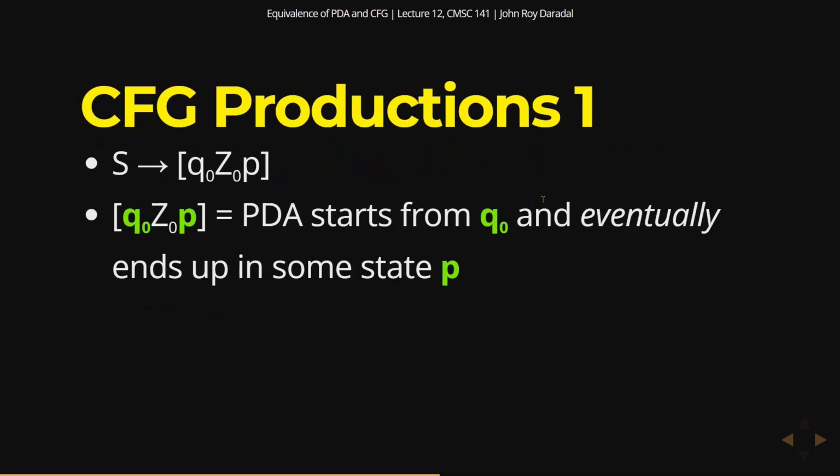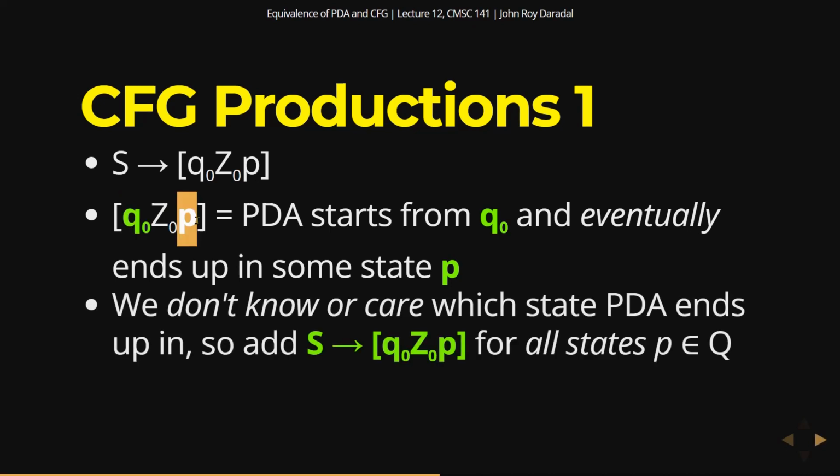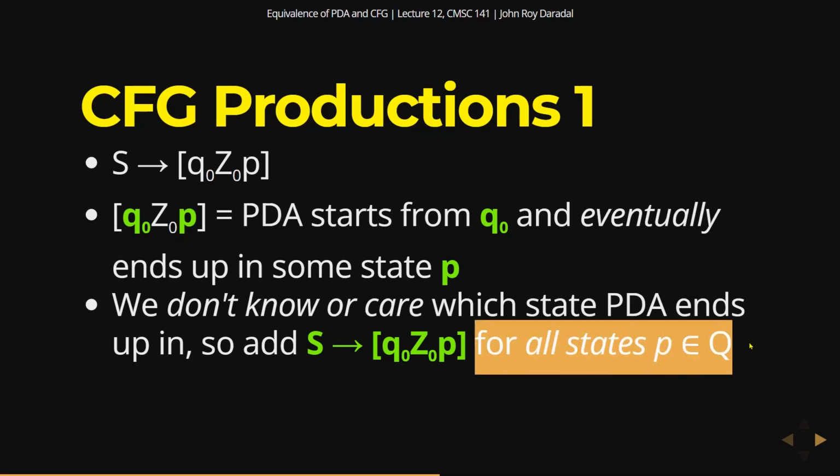So going back here, the PDA starts from state Q sub 0 and eventually ends up in some state P. And the reason why we'll add this for all state P is because we don't know or care which state the PDA ends up in. So it could be at state A, state B, or state C. Doesn't really matter as long as there's an empty stack. Okay? So that's why we add this for all states P.